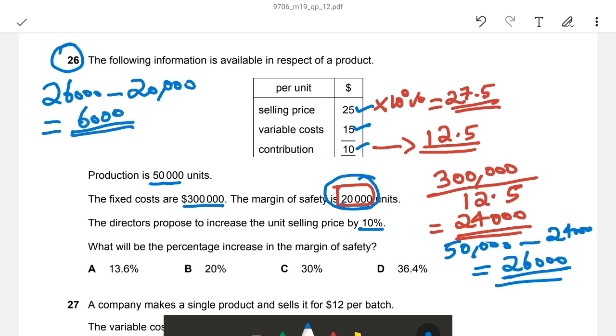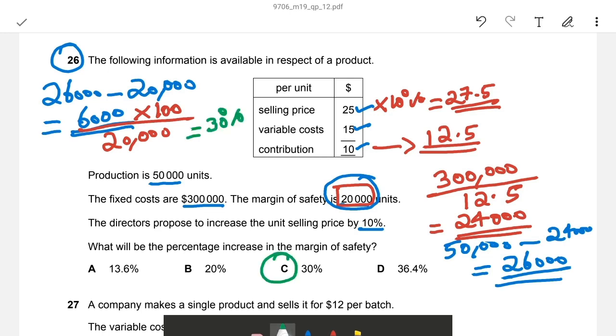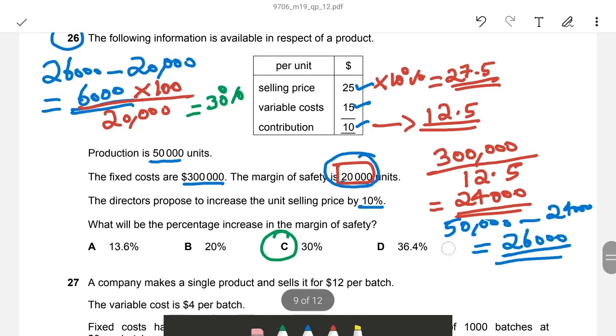This 6,000 is how many percent? 6,000 multiplied by 100 divided by 20,000. What is the answer? That is 30%. So the correct answer is a 30% increase in the margin of safety.